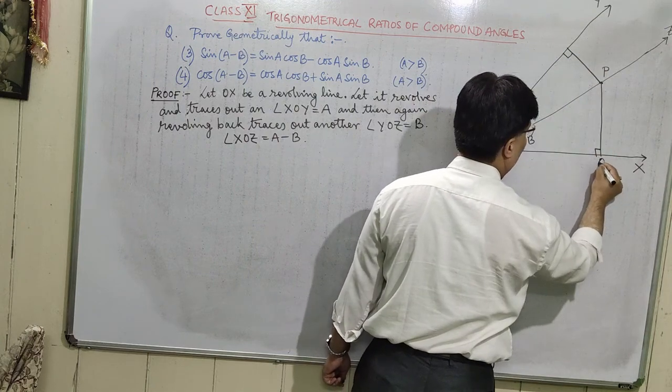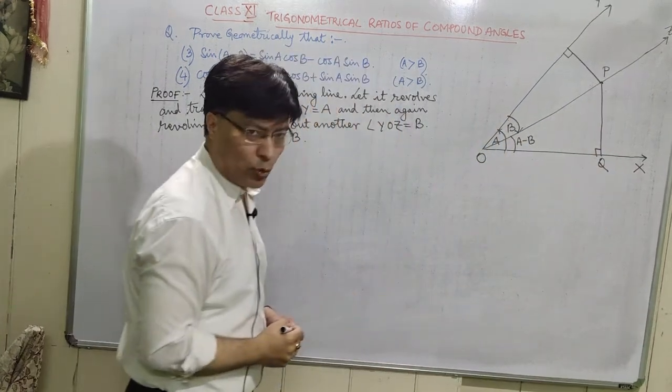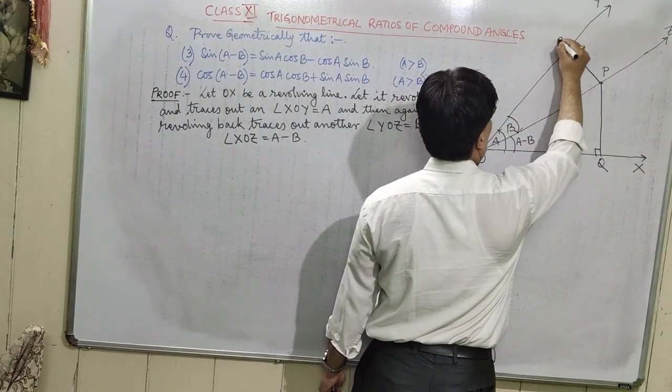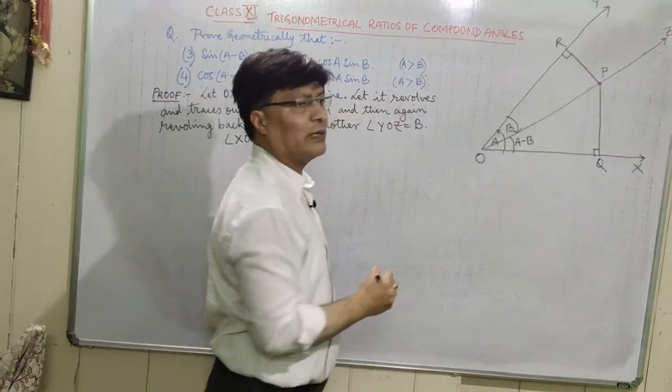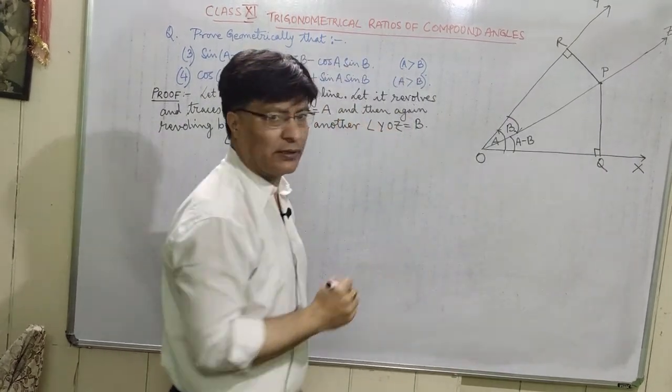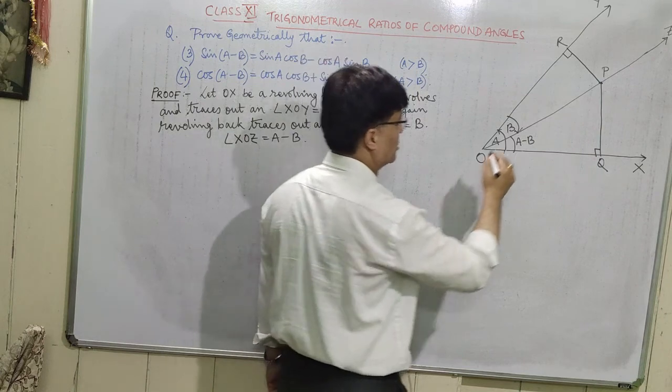This is PQ. PQ is drawn perpendicular upon OX and PR is drawn perpendicular upon OY. Is that clear? Next, again from R, you have to draw two perpendiculars.